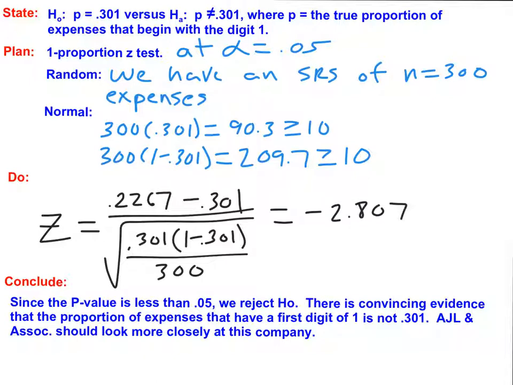That number I would get from the test feature on the calculator. And then right underneath it, my 1 proportion z-test would give me a p-value, which would say 0.005. Since the p-value is less than 0.05, we would reject H0 and say that there is convincing evidence that the proportion of expenses that have a first digit of 1 is not 0.301.